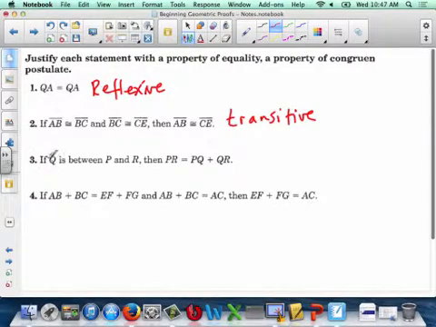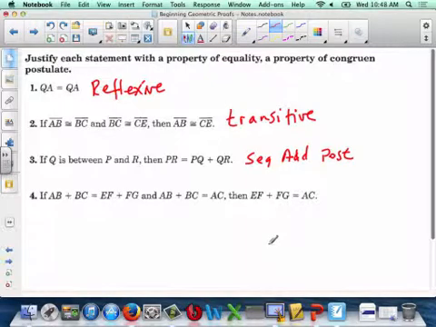Number 3. If Q is between P and R, then PR is equal to PQ plus QR. Segment addition postulate. Okay, now carefully here, number 4.